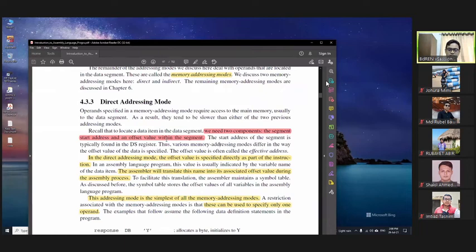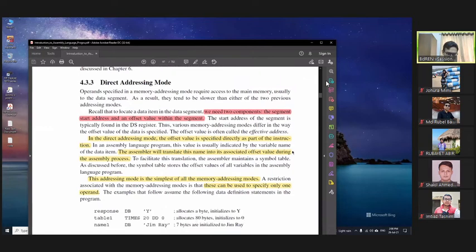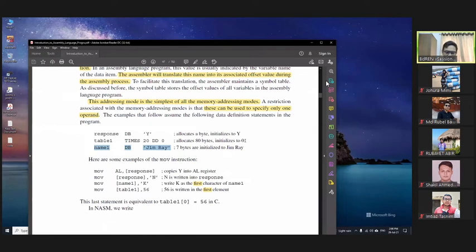Compared to the other one, the problem is that it has some limitations. What are the limitations? If you have a single variable, or multiple variables like this, and you define them, then we cannot access the second, third, fourth, or the rest of the elements. We can only access the first element, nothing else.